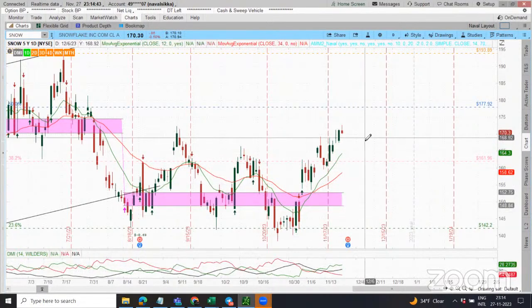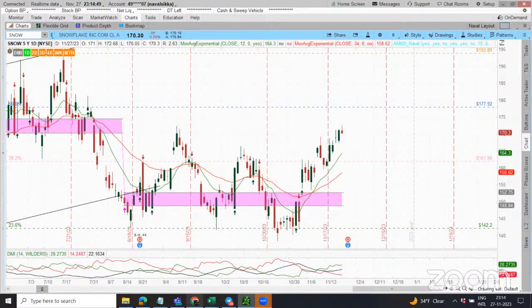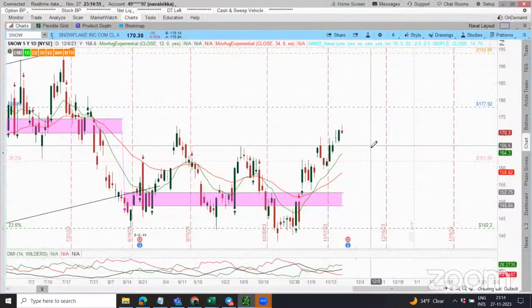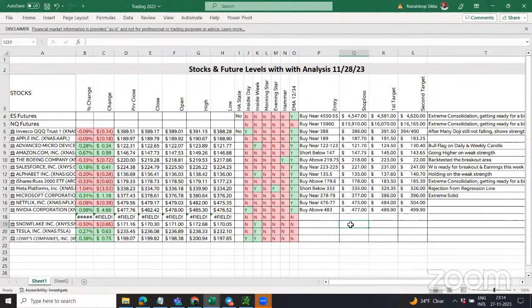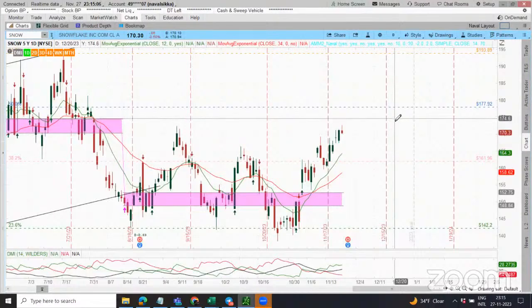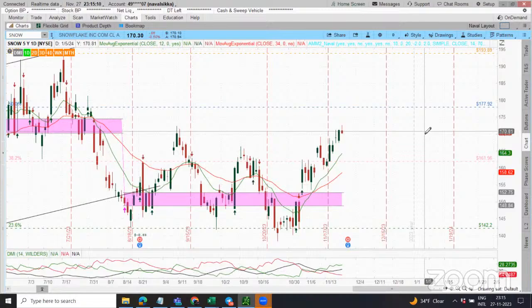So I would like to keep 170 as my stop loss. Or not, 170 will be very tight. I think this area 167. I'm aiming for 175. Actually, I'm looking at 193 on Snow for the earnings.